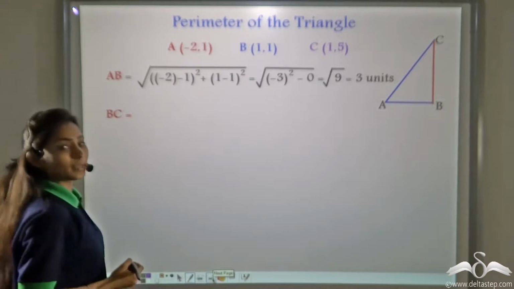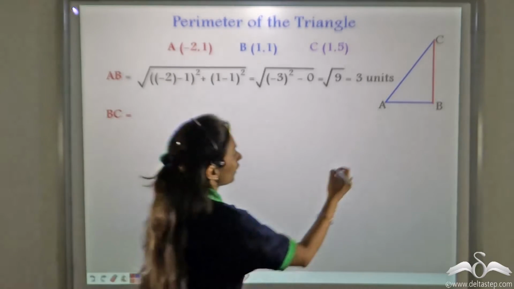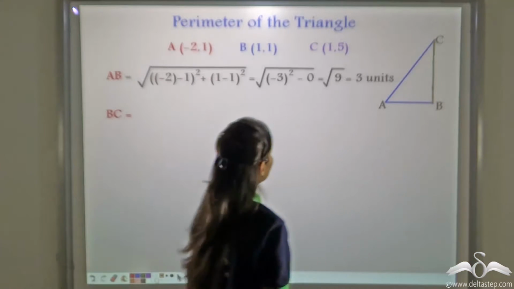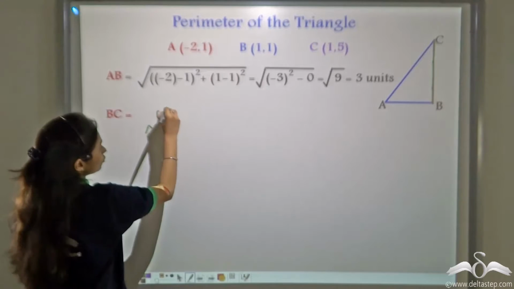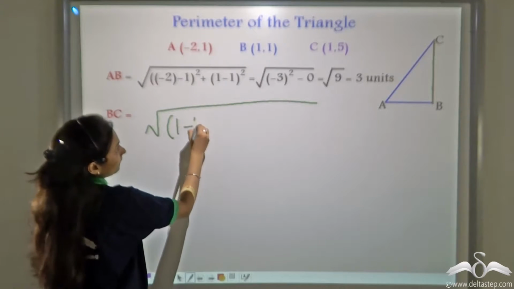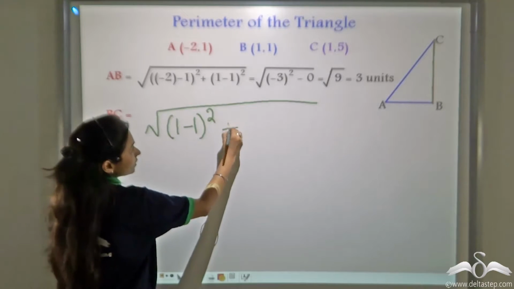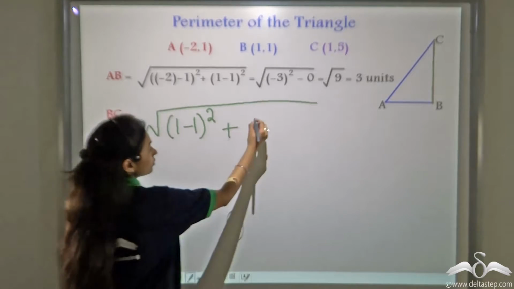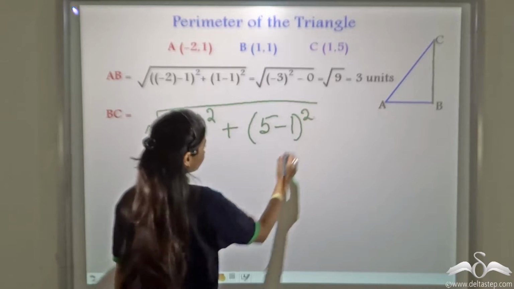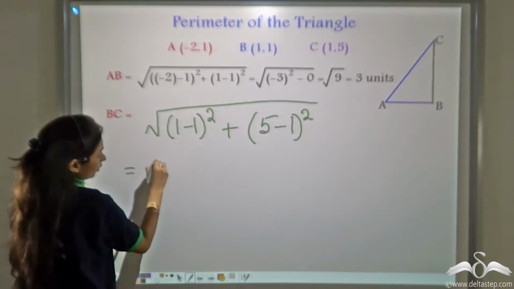Now what about BC? We have to find the distance from B to C. So we find BC. Root over (x2 minus x1), so (1 minus 1) whole square, plus (y2 minus y1) whole square, so (5 minus 1) whole square. This will give us what?